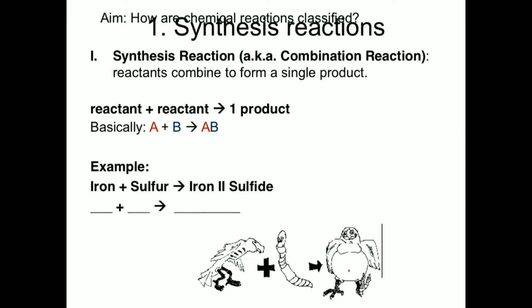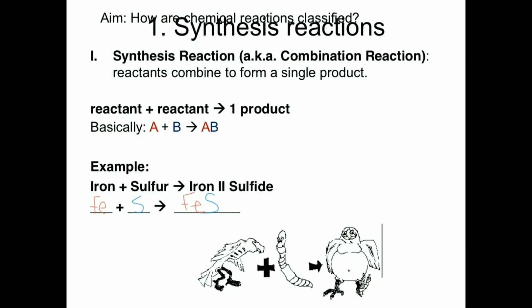Synthesis reactions are reactions that form bonds. In a synthesis reaction, we'll always have more reactants than products, as the reactants will bond to form products. A very simple example of a synthesis reaction is when iron and sulfur bond to form iron(II) sulfide.